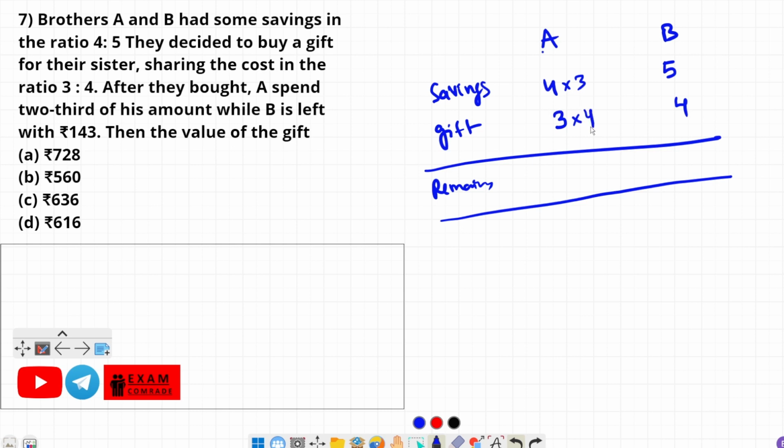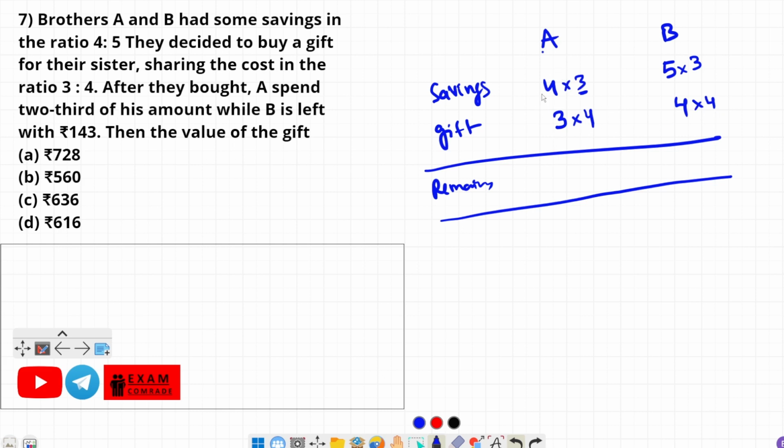Here I will multiply with 4. As I multiplied with 3 here, I need to do the same thing on the 4:5 ratio. So I multiplied with 3 here also. As I multiplied with 4 on the gift, I need to multiply here also. I have done it for A, so I will also do it for B because the ratio should be 3:4.